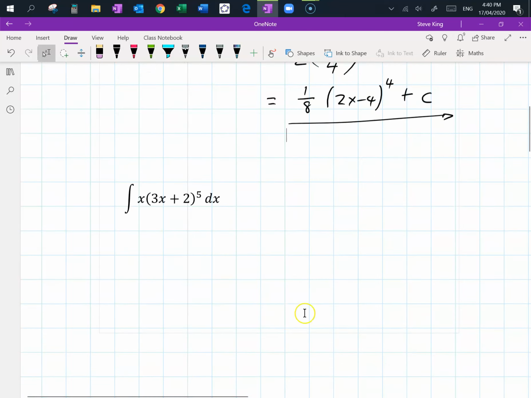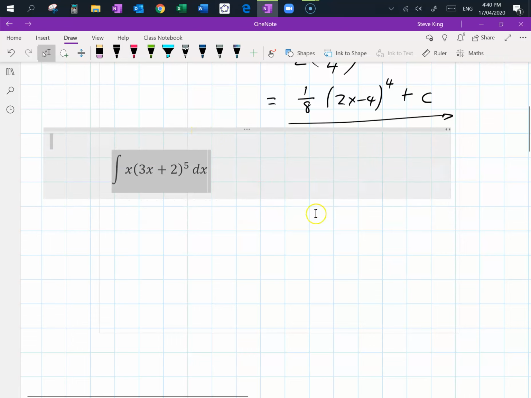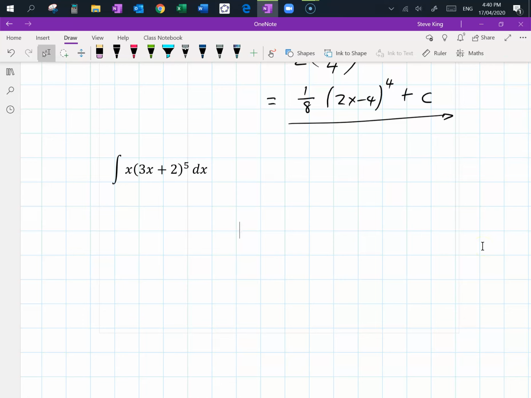Now there are various other adaptations of this that we need to look at as well. So let's take a look at this example here. The integral of x times 3x plus 2 to the power 5 dx. Aha, it's a product. Is it the inverse chain rule?